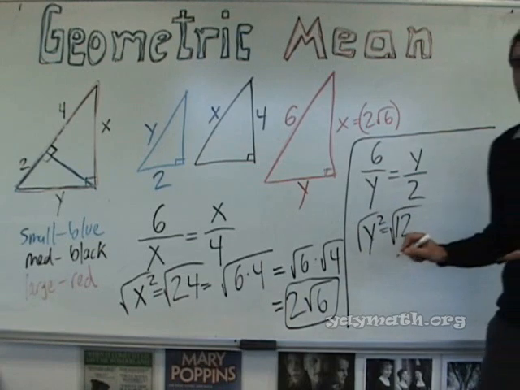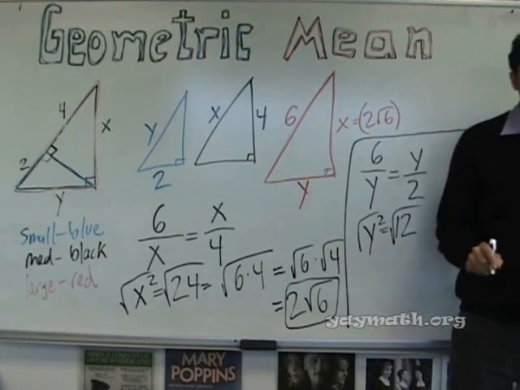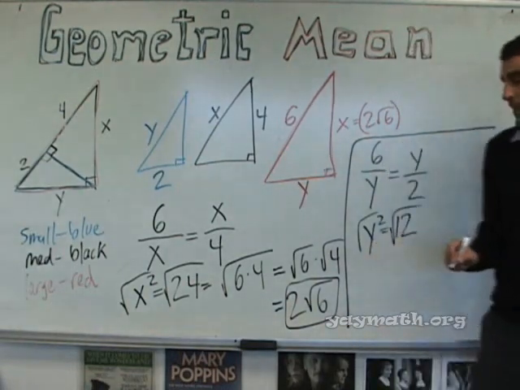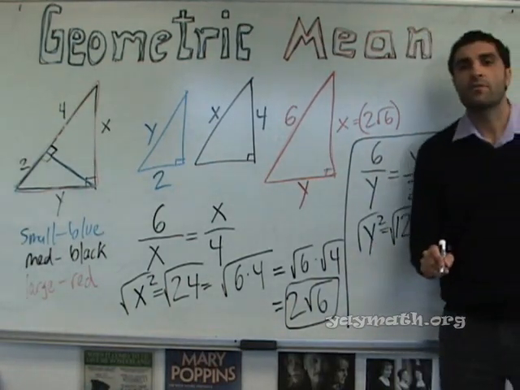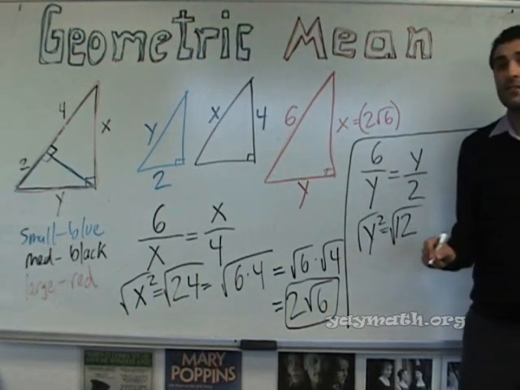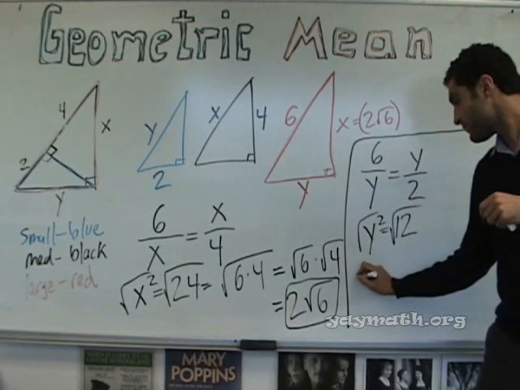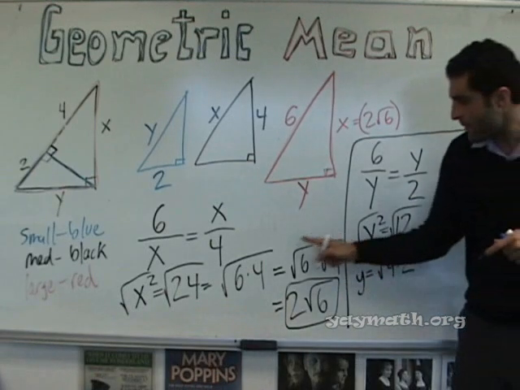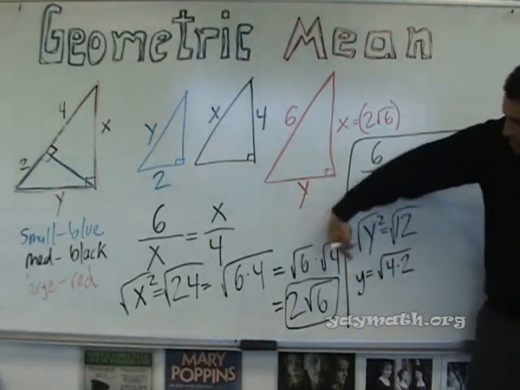Okay, is 12 a perfect square? No, it's not. So what times what equals 12, and which one is a perfect square? 4 and 3. Right, so this intermediate step is not necessary once you know what you're doing.